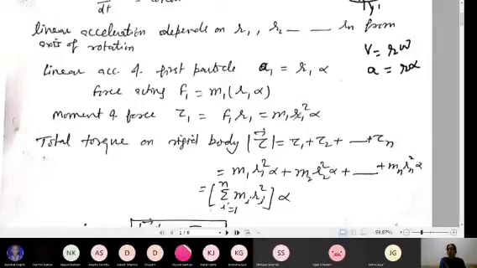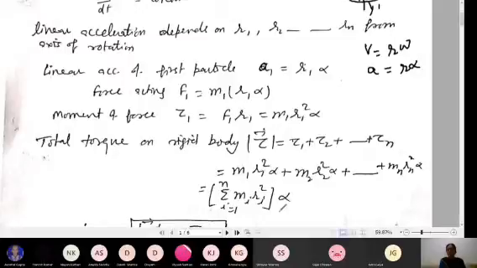Putting the value for each particle, m1 r1 square alpha plus m2 r2 square alpha plus so on up to mn rn square alpha. In summation form, I can write it as summation of i from 1 to n of mi ri square, into alpha, which is constant and is taken out.